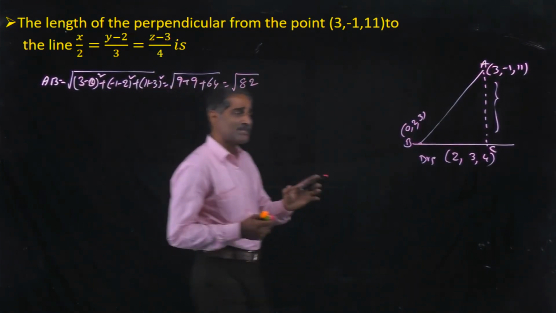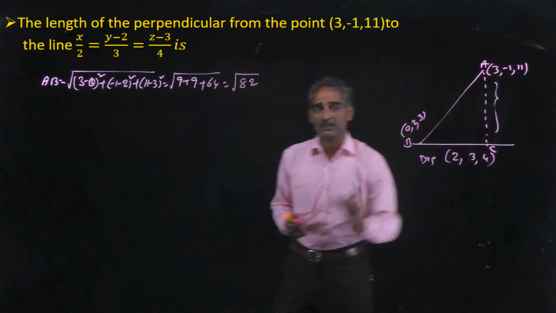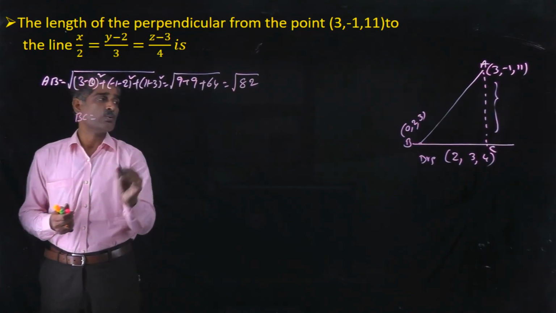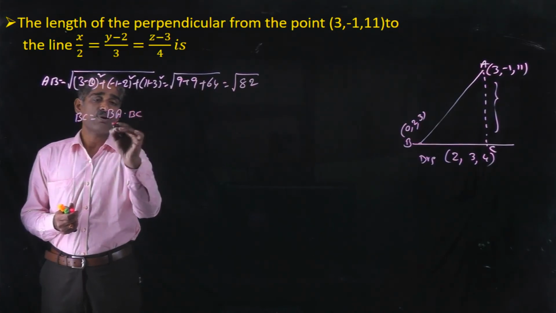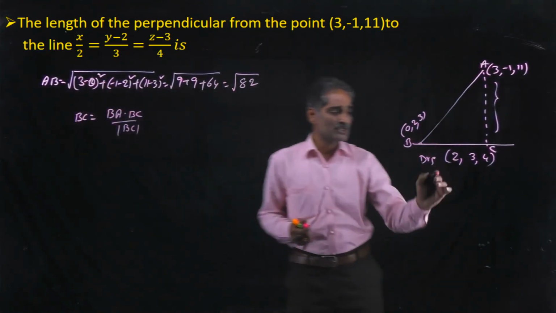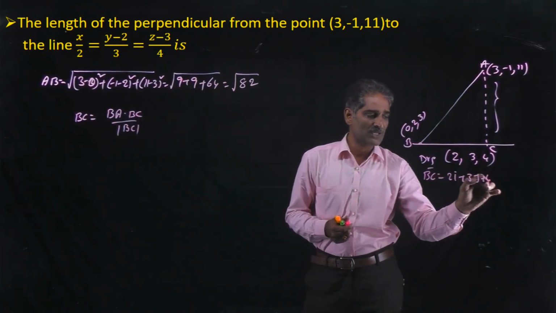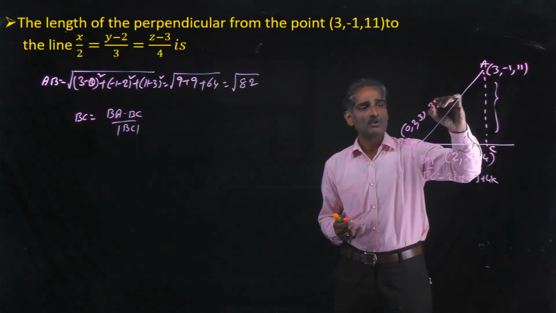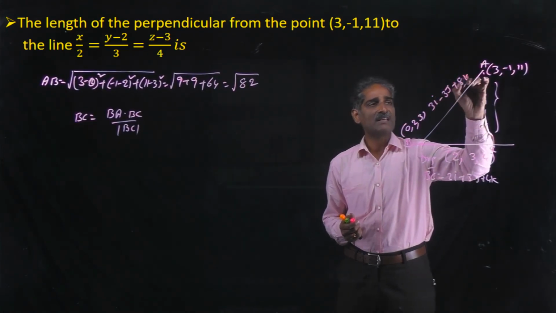Now find out BC. BC is nothing but the projection of AB on this line. So the length of BC is equal to BA dot BC by mod BC. We know the vector BC bar is equal to 2i plus 3j plus 4k. So BA bar is equal to 3i minus 3j plus 8k.